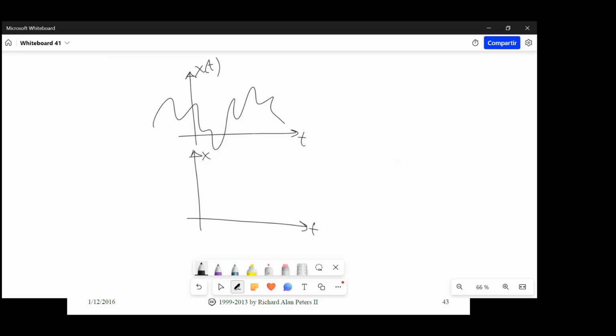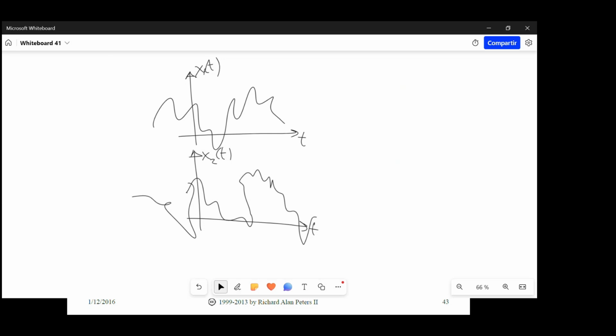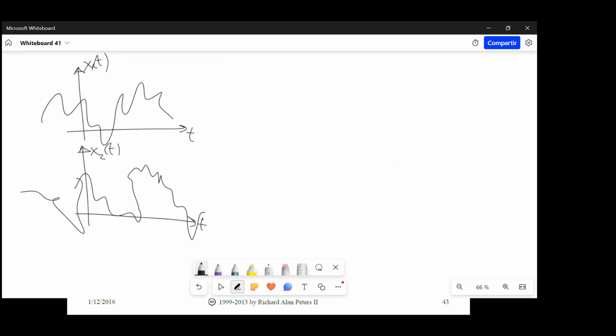Now this is X1. So you observe the same process again, and now you get something similar, but not exactly the same. It has some similar properties, but it is not exactly the same. How do you define at which frequencies you have energy here? You have taken a course on random signals, so you may remember this thing.